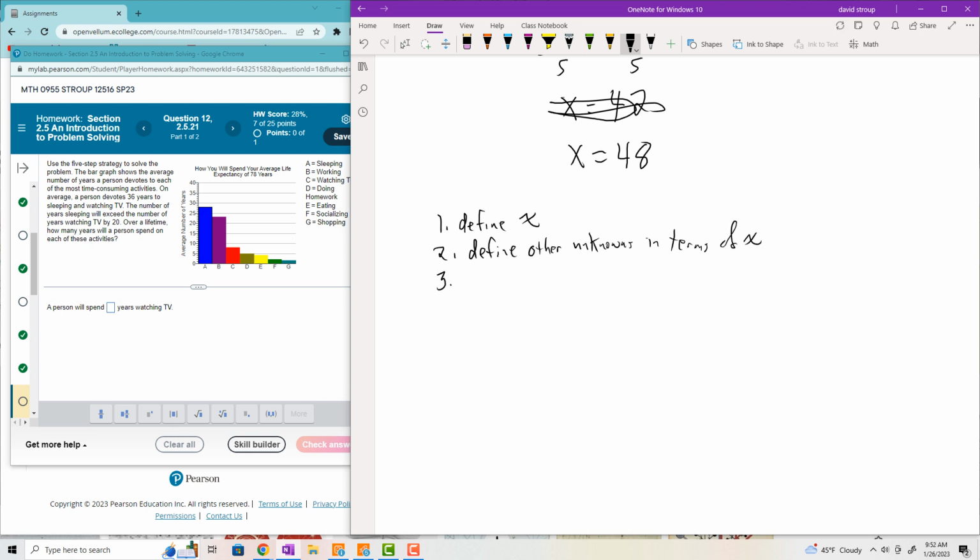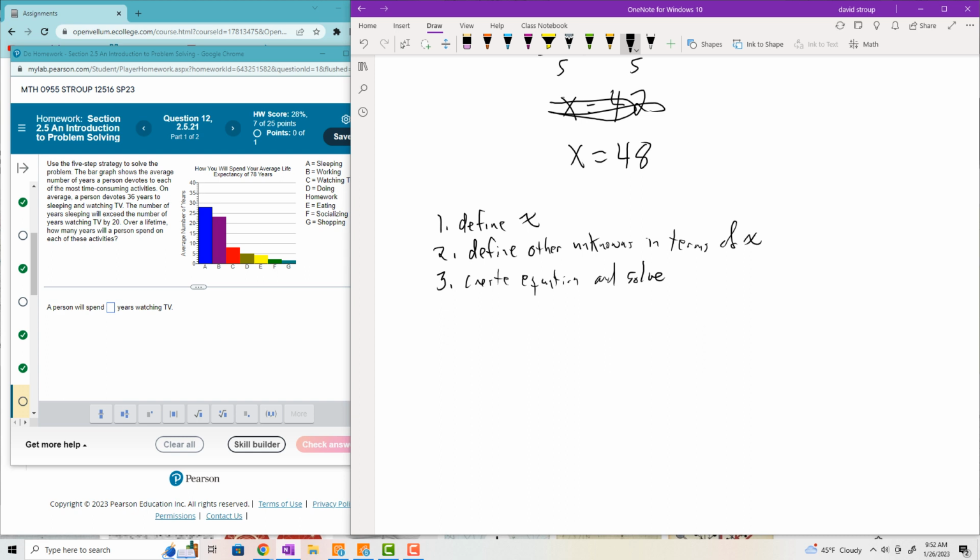And then thirdly, you're creating an equation and solving it. Right, so you'll create an equation and solve. And of course, then make sure your answer makes sense. Usually you have to do some back substituting.